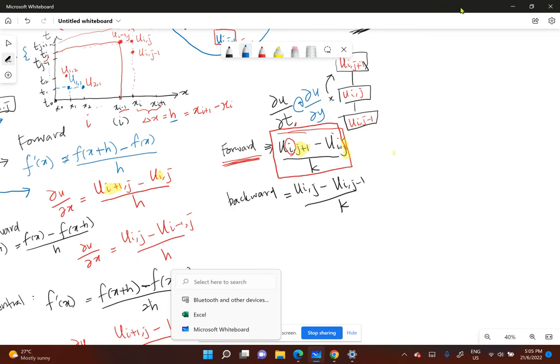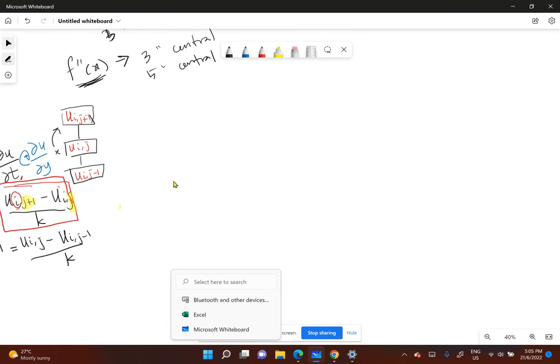Maksudnya macam ni sama. Okay, now if let's say we move to the second partial derivative of u respect to x katalah. Kalau macam ni, dia second derivative. So sebenarnya you can see, tadi kan saya tanya apa? Kawan awak tu siapa? Nazura.